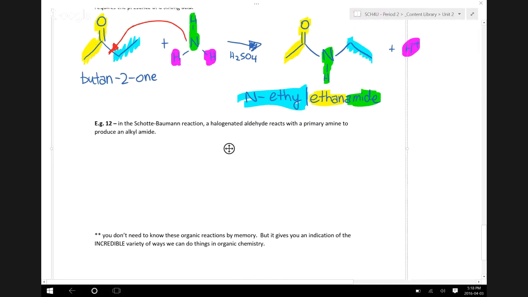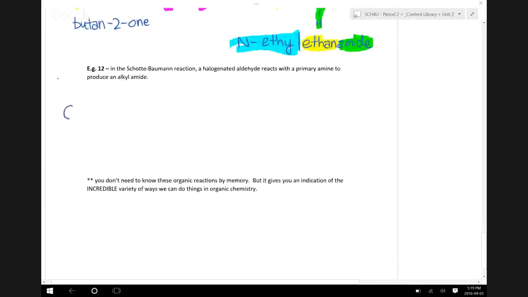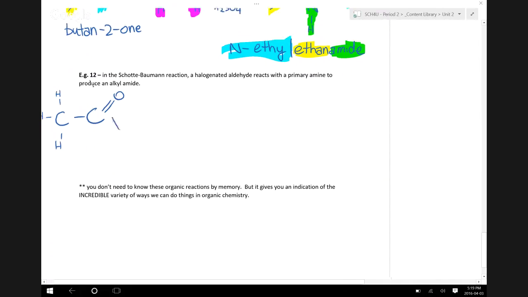And so I'm going to use a very simple one. Ethanal. Right, just like that. And in this case, it's halogenated.